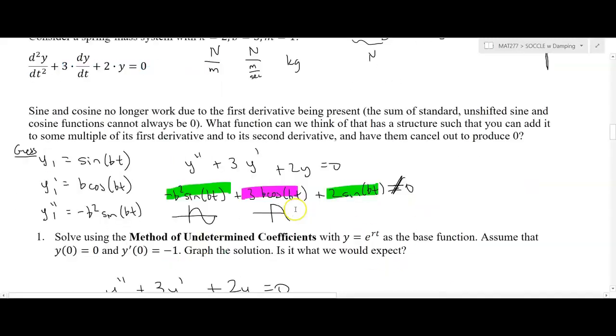So the reason we had to guess exponential in this case was, once again, because we had to find a function that, when added to its first derivative and its second derivative with these coefficients, they canceled out and gave us 0. Sine wouldn't work because now having to have the first derivative in this equation, whereas remember without damping this whole term was 0, we introduce a cosine amongst the sines, and those cannot add up and cancel to give us 0.